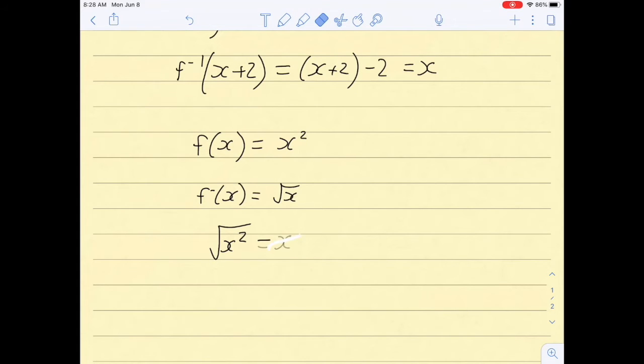But, and here's where this relates to trig functions, while the domain here is all real numbers, that's not true here. The domain here will be real numbers such that x is greater or equal to 0. We can't have a negative number.